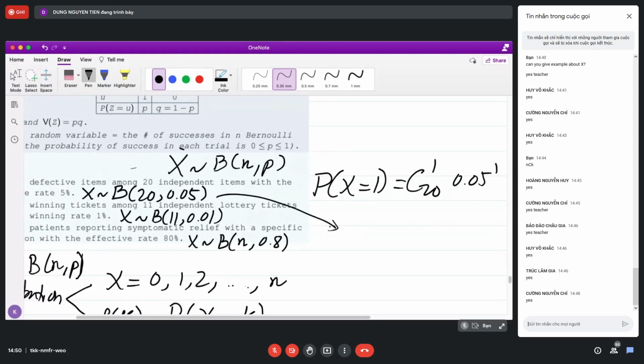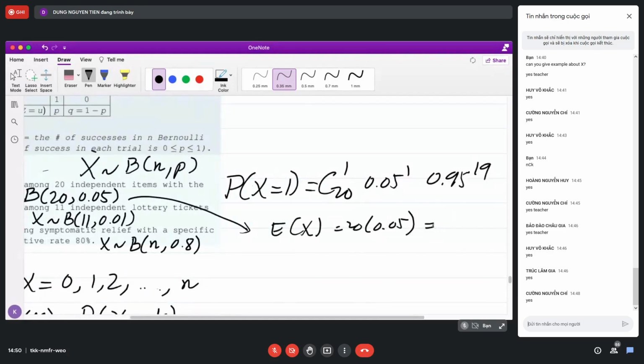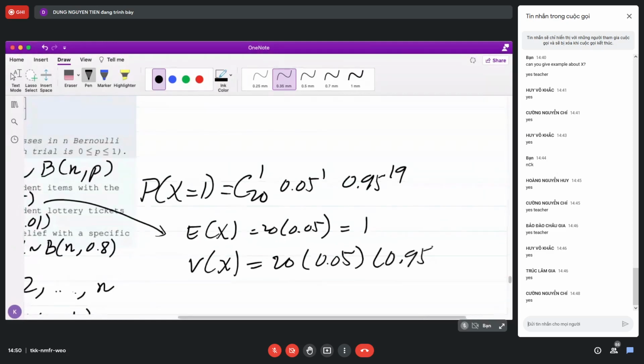Then I can say that the mean of X is 20 times 0.05, and you get 1, right? And the variance of X is n times p times q, so you get 20 times 0.05 times 0.95. That makes sense?